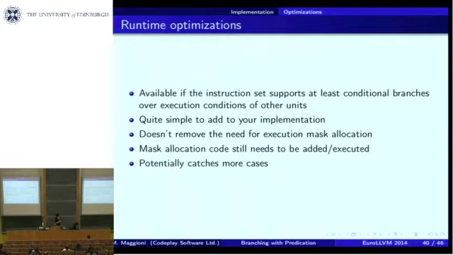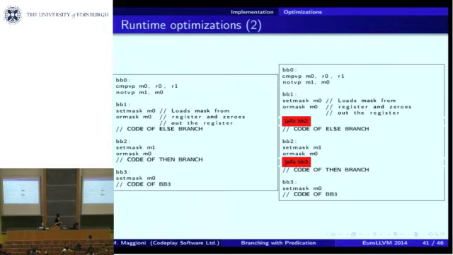But you still need to put there all the flag handling and flag allocation code, because you want to be sure that if the runtime optimization doesn't catch the case because the units diverge, the infrastructure for managing the masks and loading them must be there. It catches more cases, potentially, actually, this is wrong. It catches all the cases.